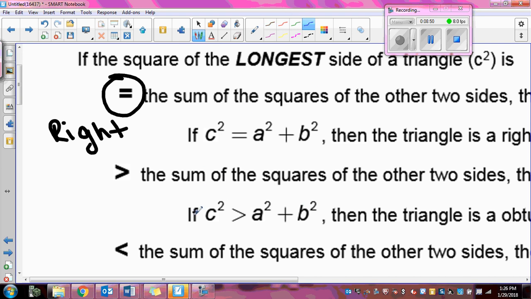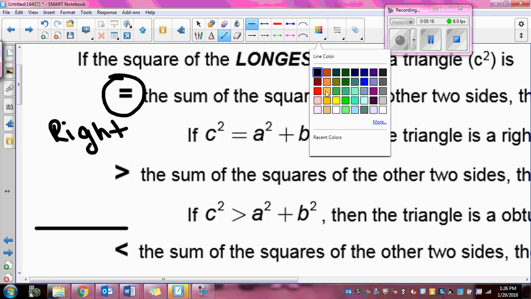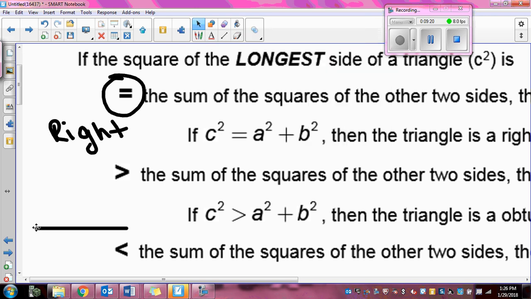That means that my hypotenuse is bigger than my sides, right? So say this is my hypotenuse, and these are my sides that are too small. That's a horrible triangle. Let me try using my rulers. So something like this. This is my hypotenuse, and these are going to be my sides.